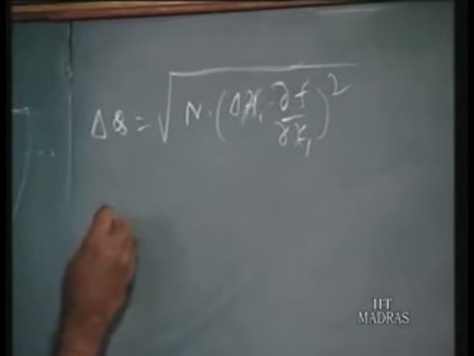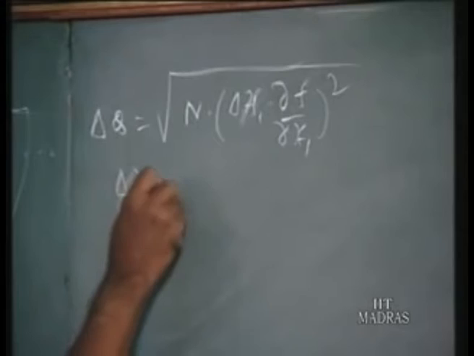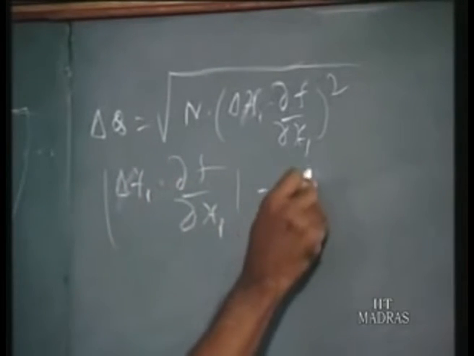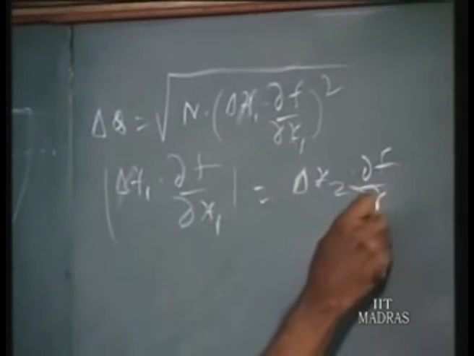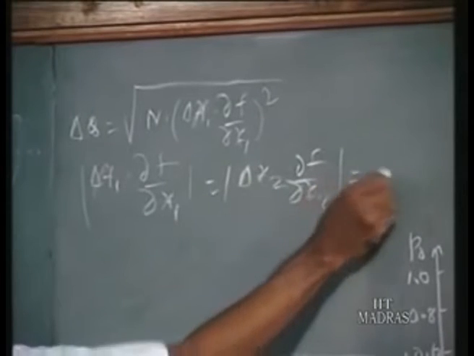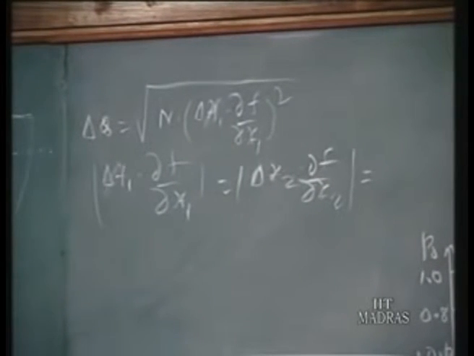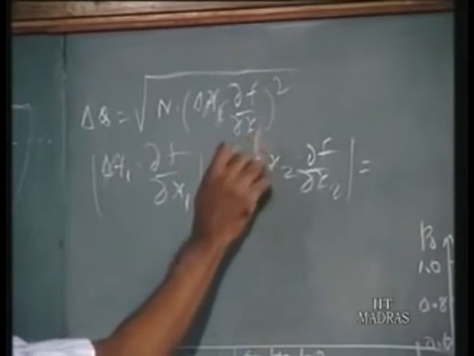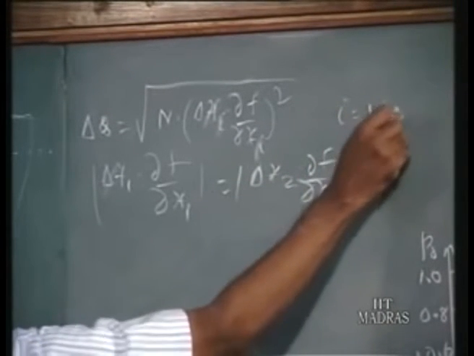That is under the assumption delta x1 into mod dou f by dou x1 is equal to delta x2 into mod dou f by dou x2. They are all equal. Under that condition, we write the above equation. Now suppose instead of 1 you call i, where i varies from 1 to n.